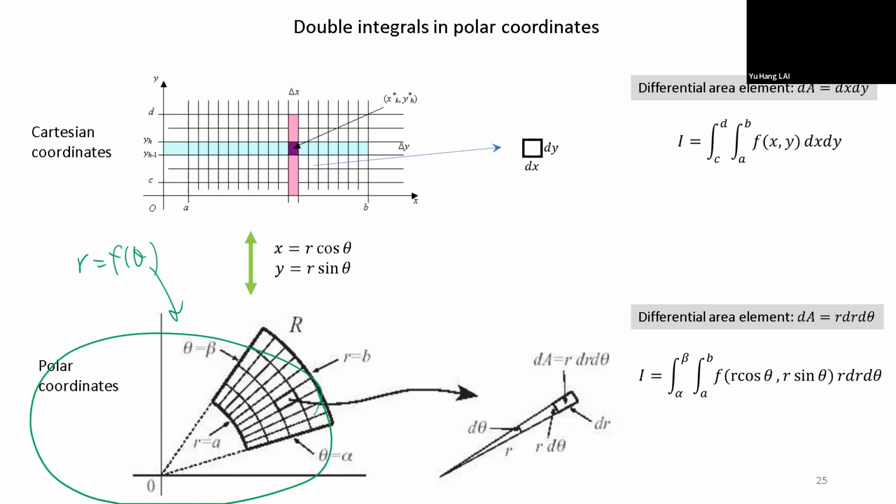So that one you don't need to worry about. But for the r limit, you are going from 0 to f of theta, and f of theta has to be a function that represents your ellipse. You need to figure out how to express an ellipse in polar coordinates. Maybe you have learned that before.